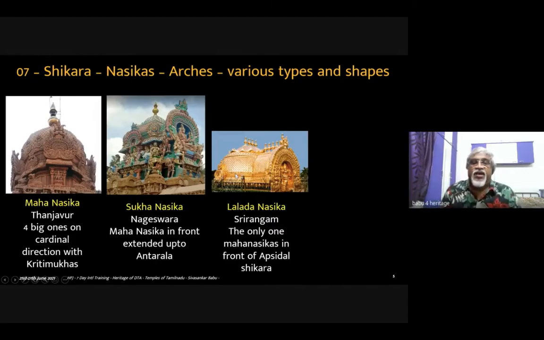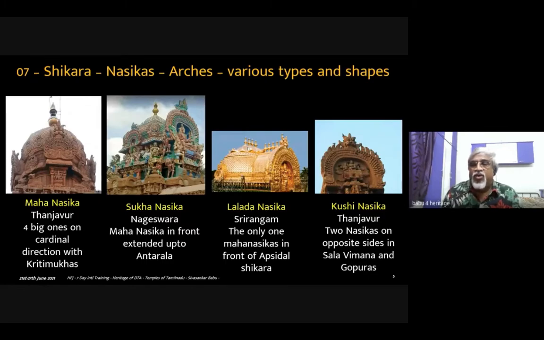When you say apsidal, it has got 2 parts: one is the half-circular back and the rectangular or square front. On the front side of this rectangle, there will be a big arch like this. This is called Lalata Nasika. Lalata means your forehead, so it is the ornament on the forehead. Normally it will be only for apsidal or circular temples.